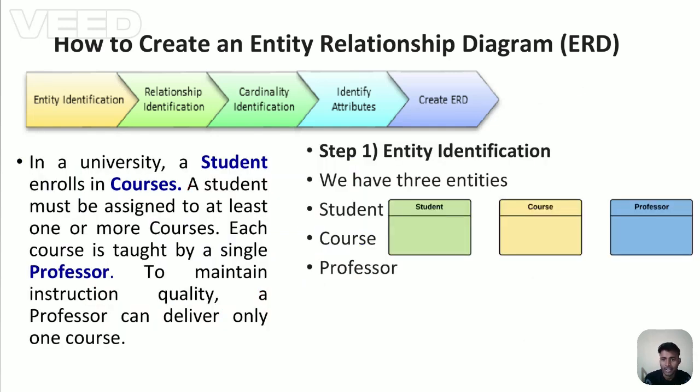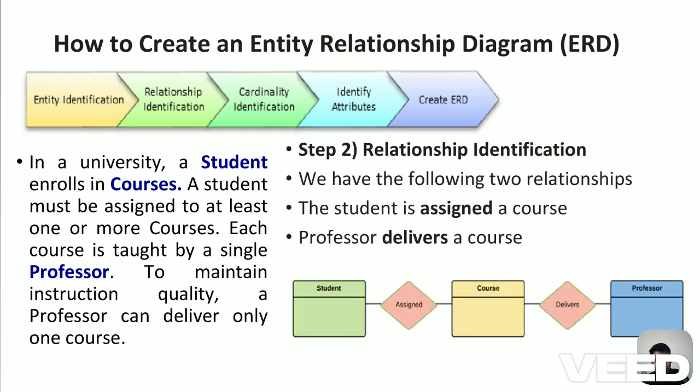Next we have step one, entity identification. We have three entities: student, course, professor. These are the entities: student, course, and professor. Next we define relationship identification. We have the following two relationships: the student is assigned a course and the professor delivers a course.